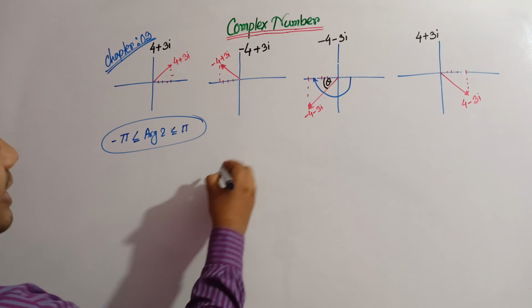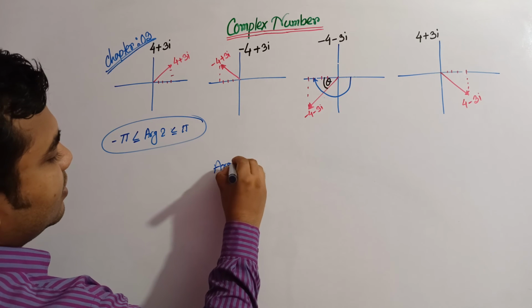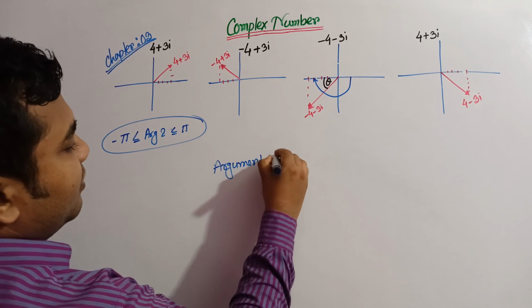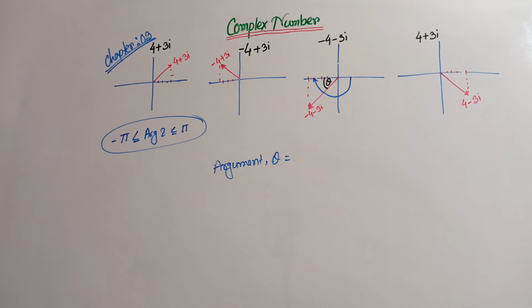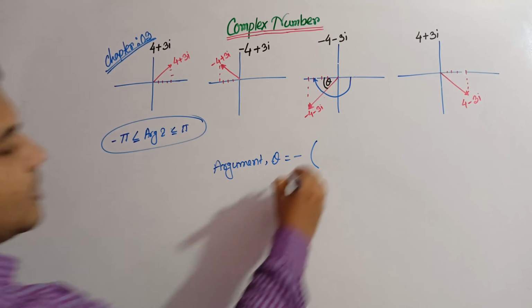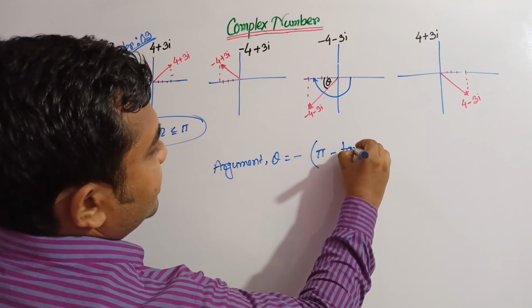For that reason, the argument will be the value of theta, and that should be minus pi plus tan inverse.